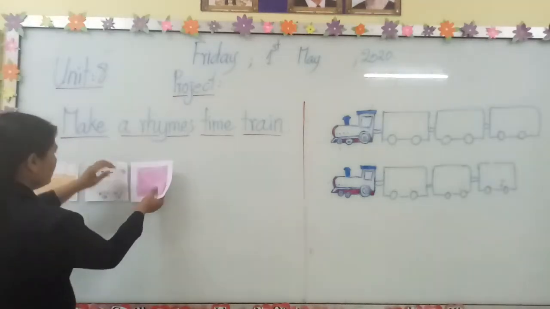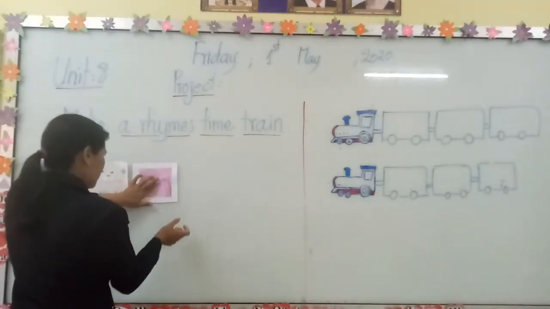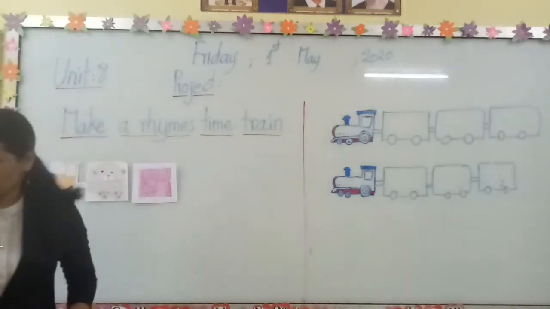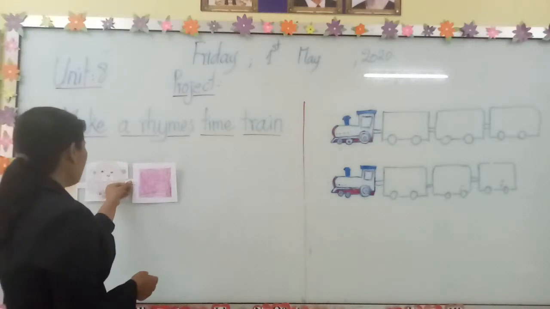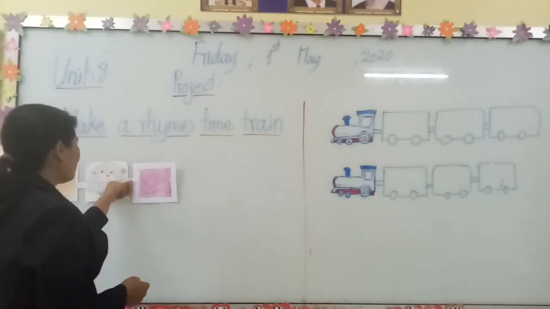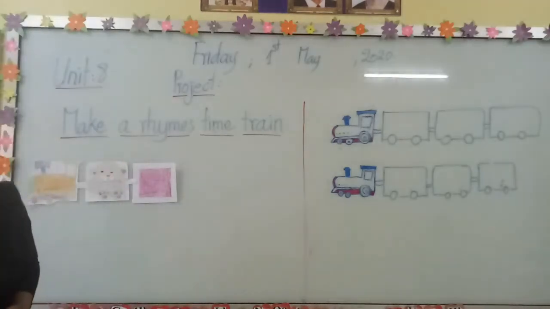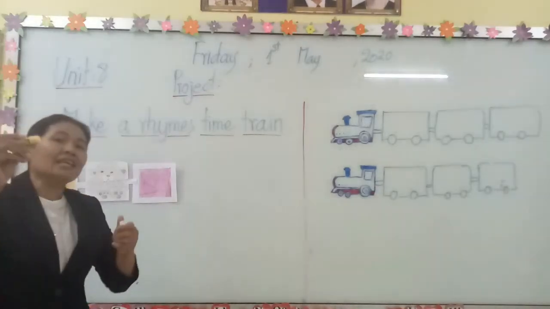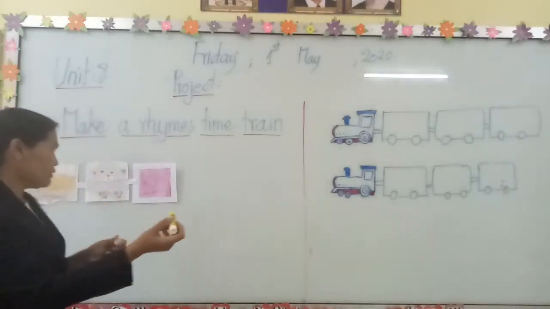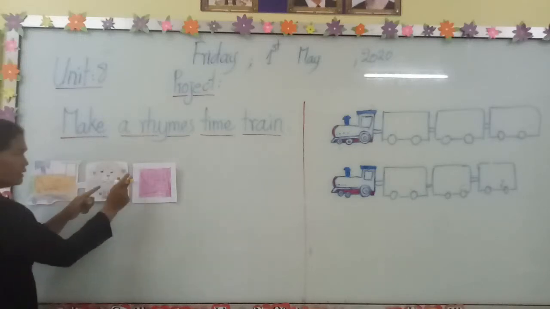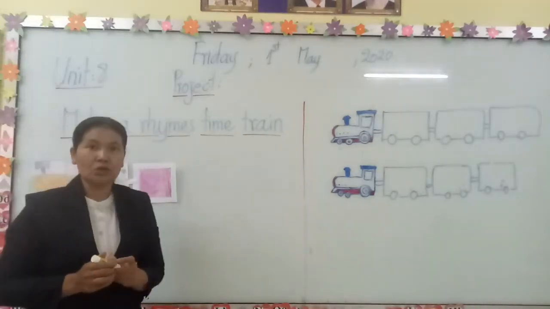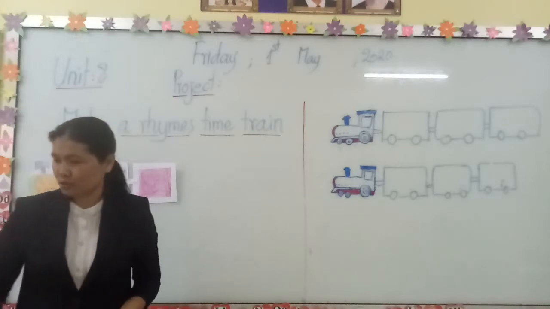It's the same sound, and you will connect it like this. You can ask me, how, teacher? How can I connect it? Yeah, here is the glue, and you can put it together, alright? Put it together on the board, or you can put it on your notebook also.